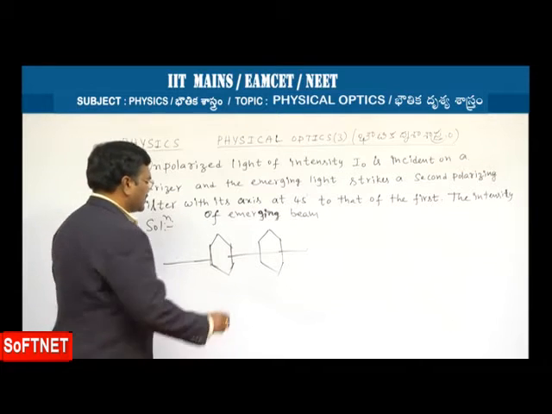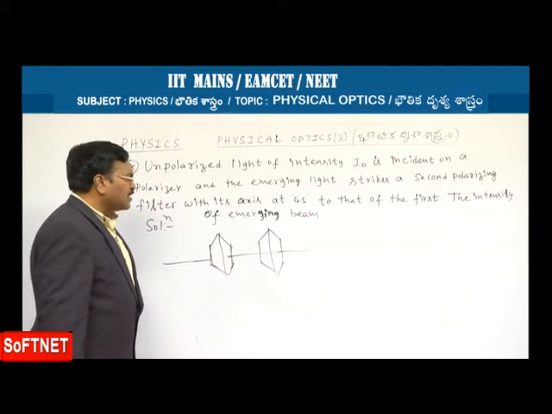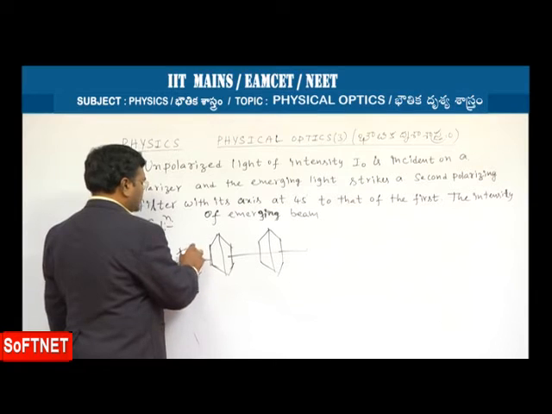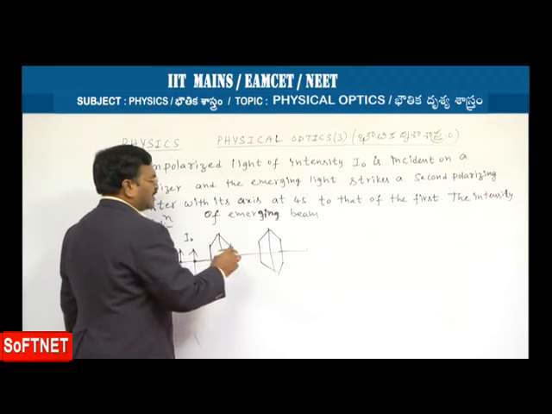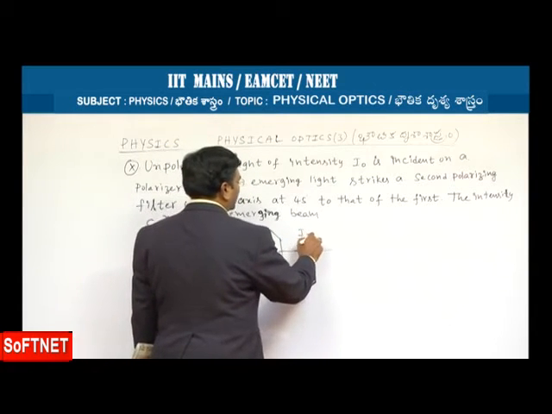Here the intensity is I naught. Suppose here we get I1, and here we get I2.